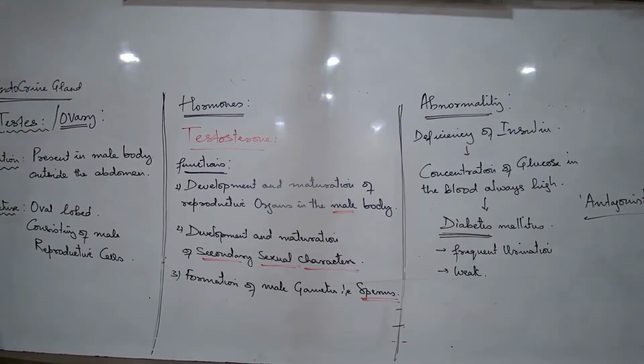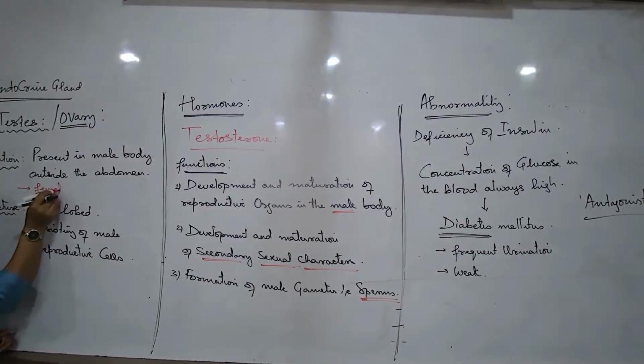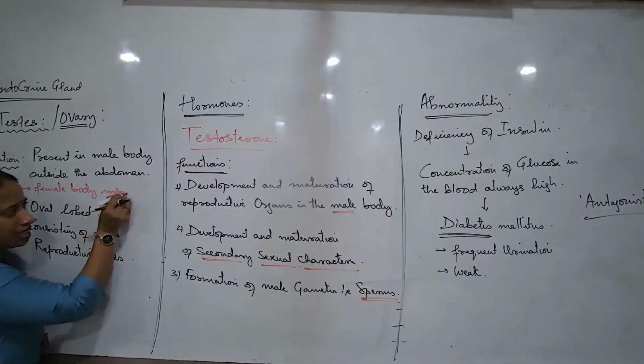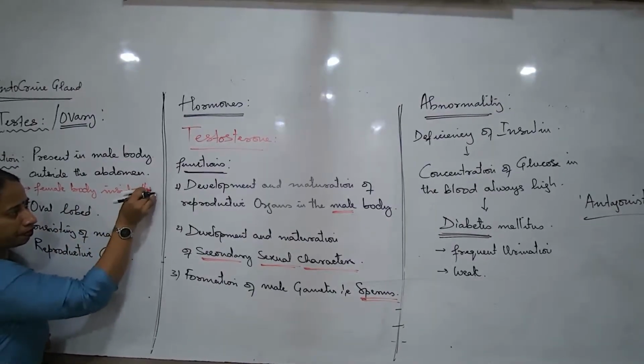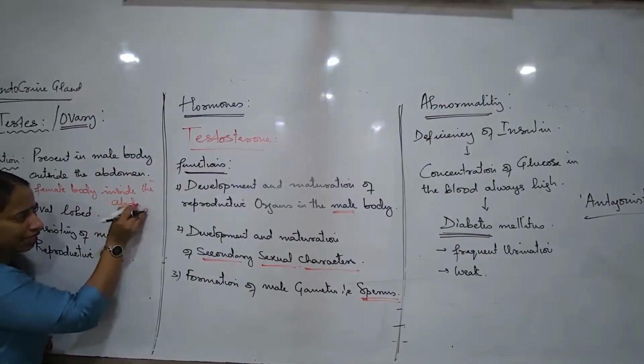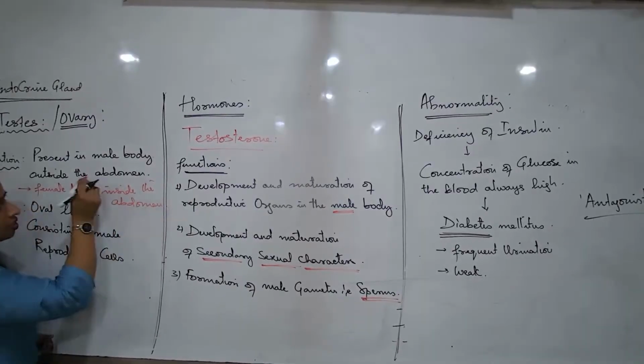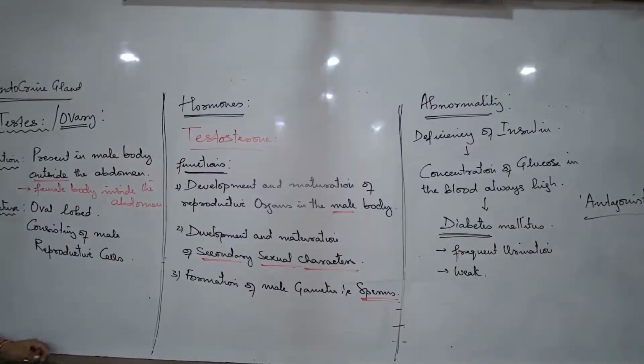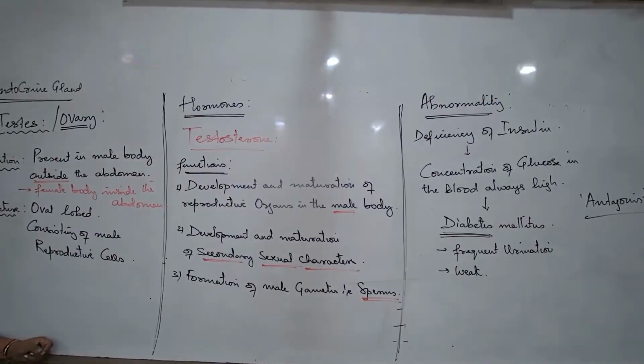What is the location? It is present in the female body, inside the abdomen. That is a difference. I said outside the abdomen for the testes, and in case of the ovary, inside the abdomen. That's a difference.